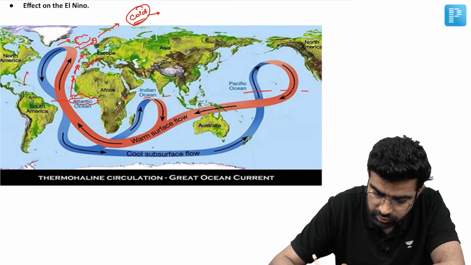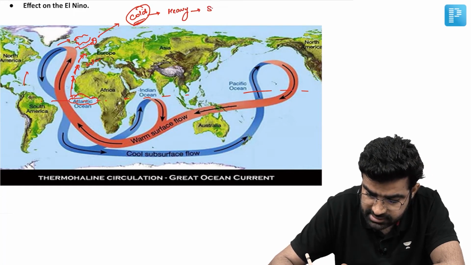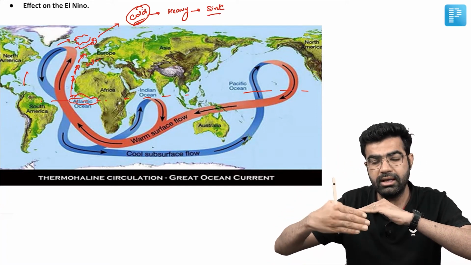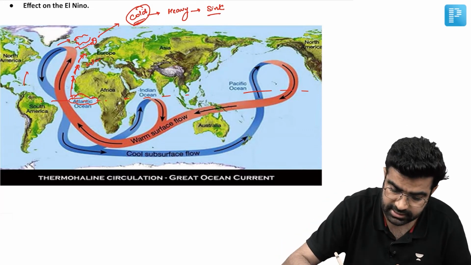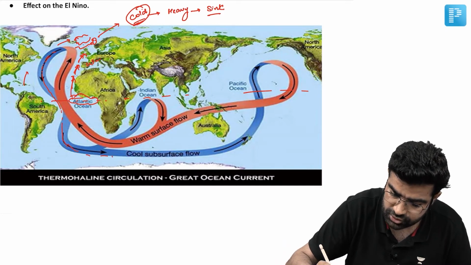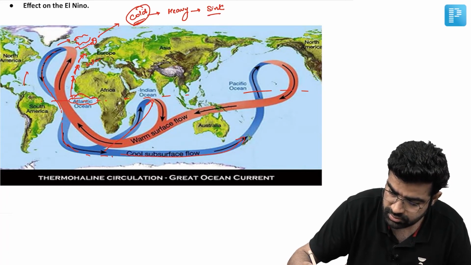And now this cold water will be heavy, and this heavy water will sink. Okay, and this will sink, and an underwater current will depart from this region, and this will be the cold water. This will again travel towards this range. So this will again go here, this will go in this way.